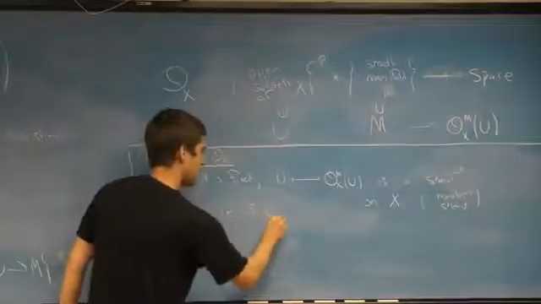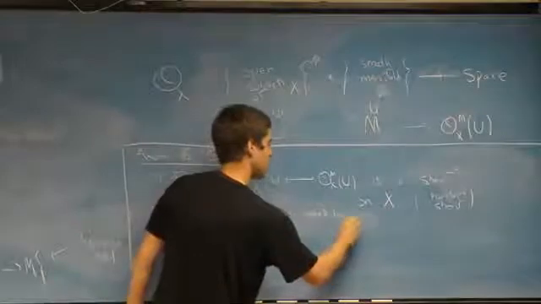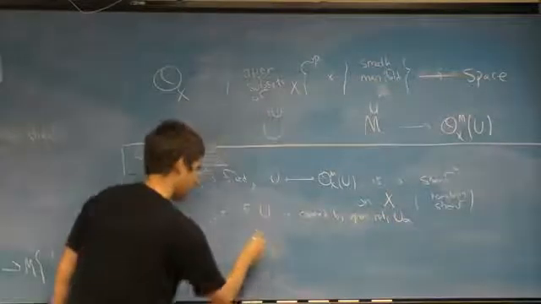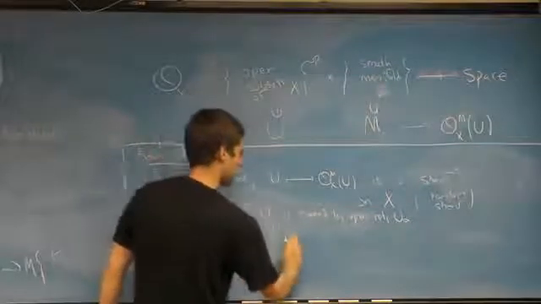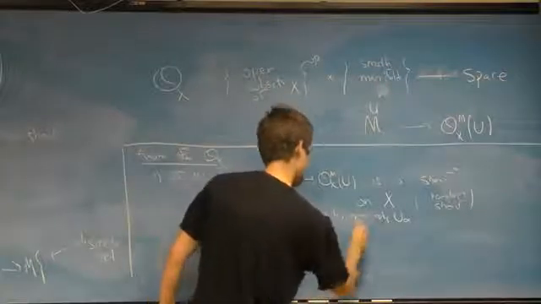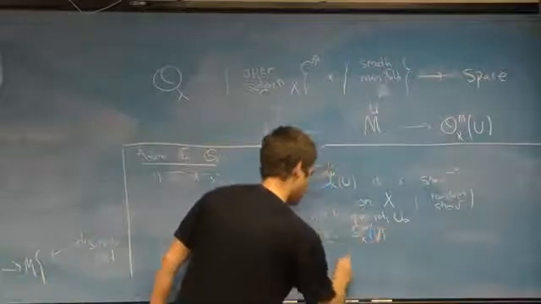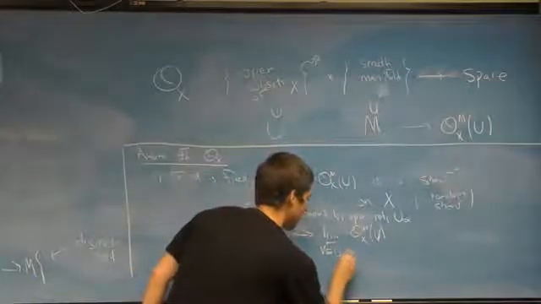So what this means is that, if U is covered by open sets U_alpha, then you can recover O_X^M(U) as the homotopy limit of O_X^M(V), taken over all V that are contained in some U_alpha.